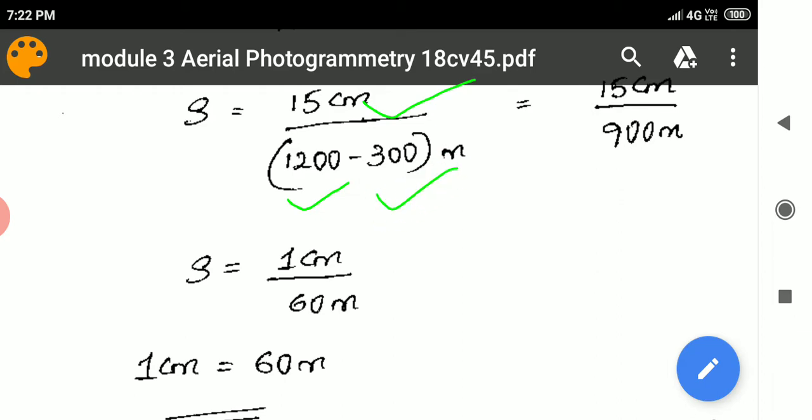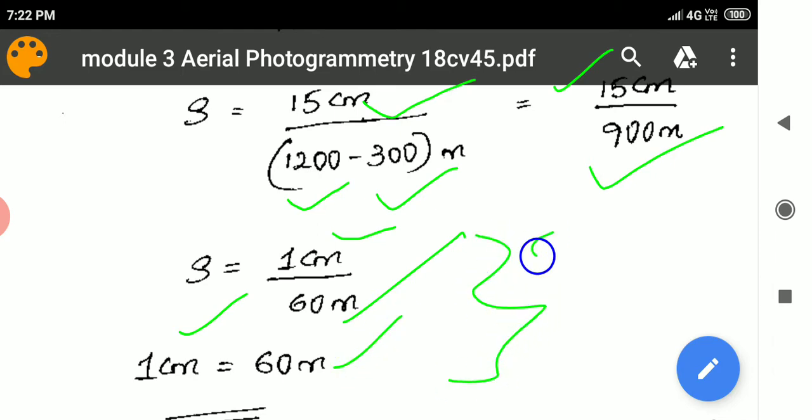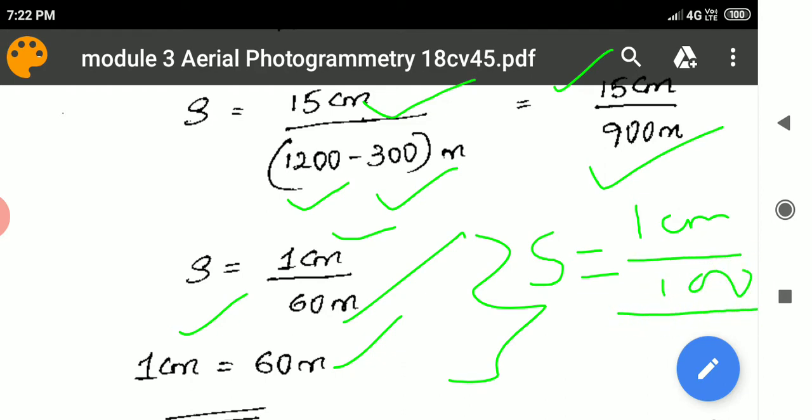So totally after simplification, 15 centimeter divided by 900 meter, so 15 ones are 15, 60s are 900. Okay, so 1 centimeter equal to 60 meter, or else you will put the answer like this: S equal to, see here, 1 centimeter divided by 100, it is converted into meter, total divided by 60 meter.